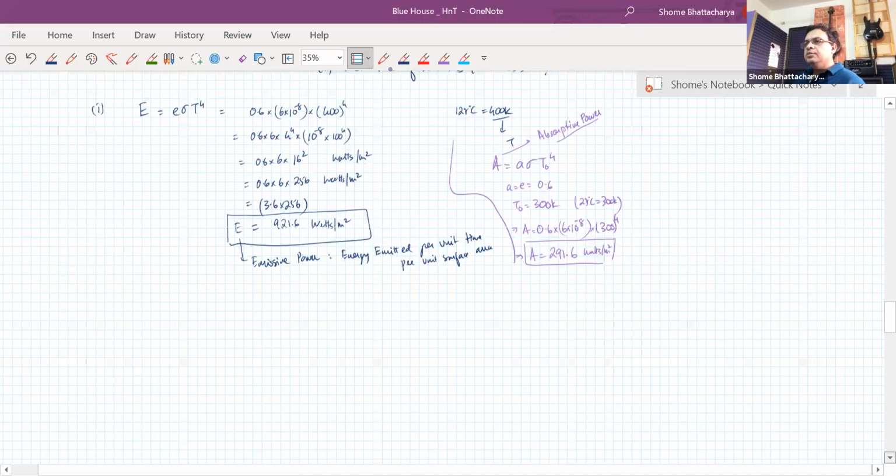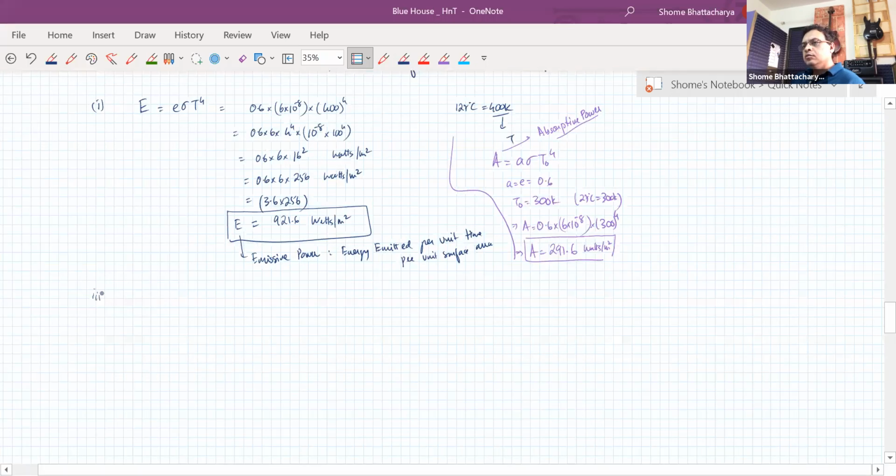So let's understand the second part. Net rate of heat loss will be minus dq by dt net, that is the rate of emission minus the rate of absorption.